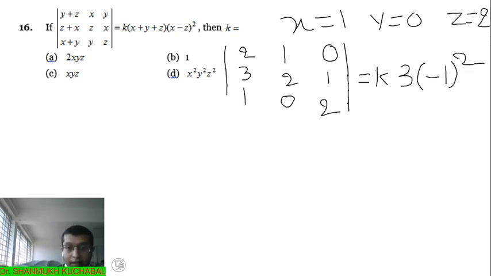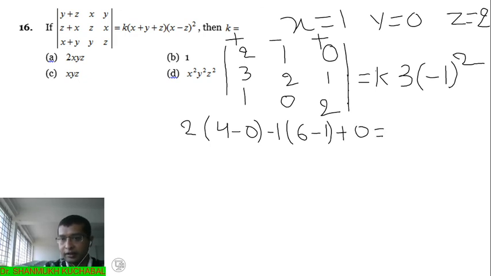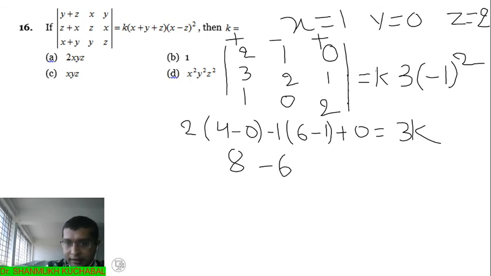Okay, then we need to expand this, plus minus plus. Plus 2 outside, it is 4 minus 0, minus 1 outside, 3 into 6 minus 1, and then plus 0, no need to expand, it is 3k. Then 8 minus 6 equal to 3k.